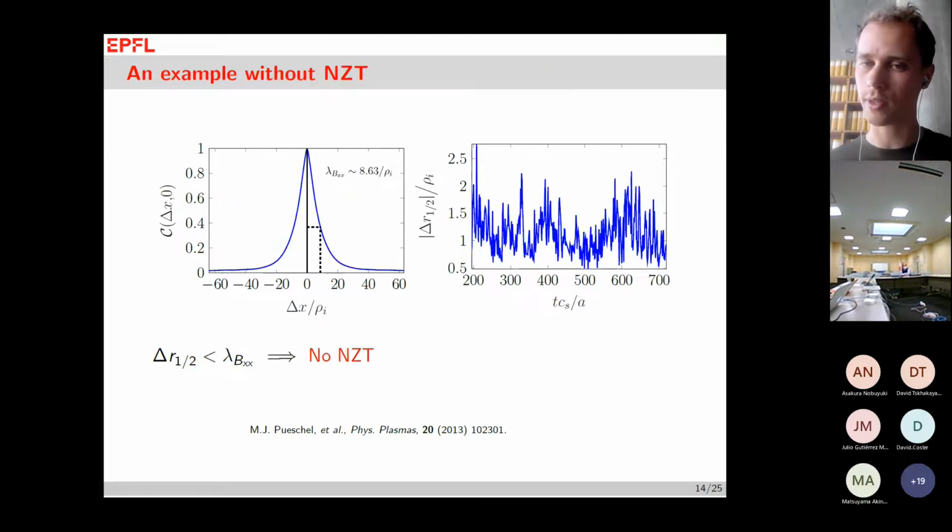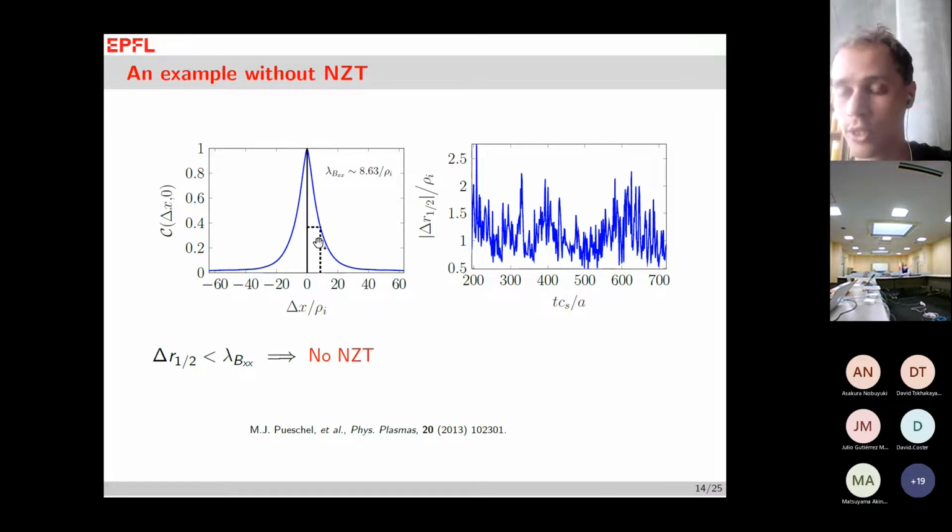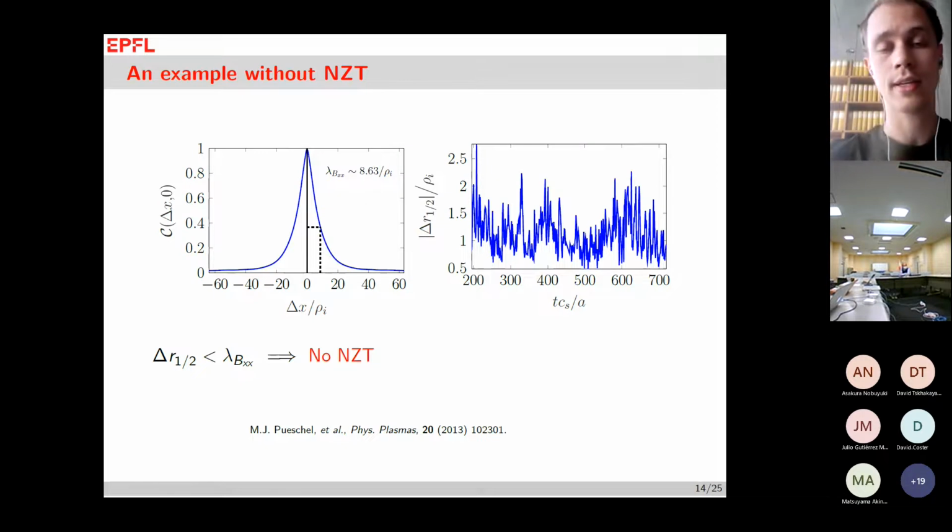On the left, you have the correlation function, and the black dashed line indicates the radial correlation length, about 8.6 in terms of ion gyro radius. On the right, we have the radial displacement. You can see that the radial displacement of the field line after a half poloidal turn is quite small compared to the correlation length. So the field line stays correlated and comes back to itself, and thus we have no NZT.